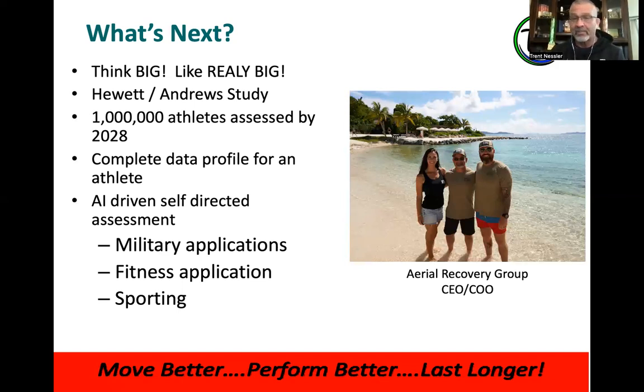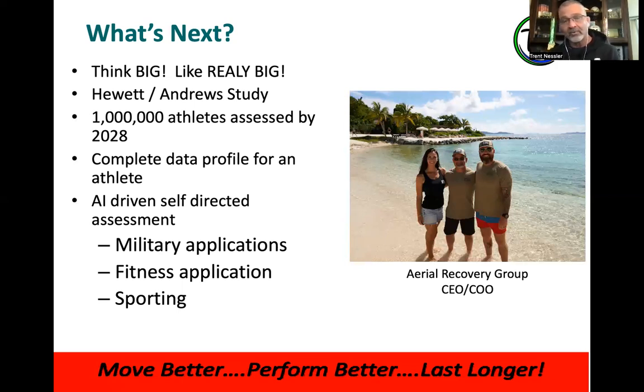And another application of that is our military personnel. Unfortunately, with the military, the number of subjects is so great that it is prohibitive to using the technology as we have it today.